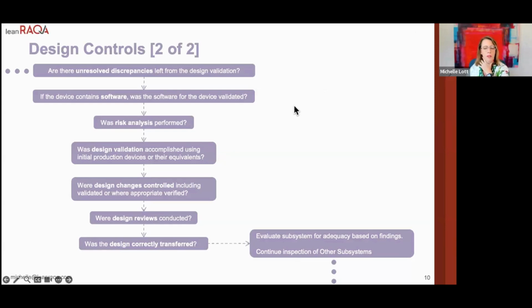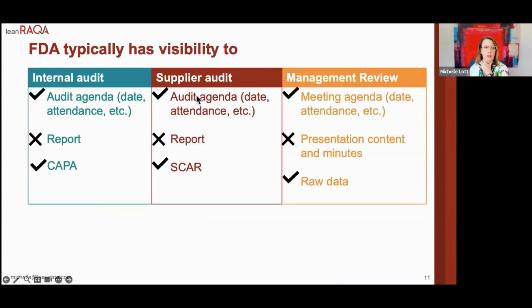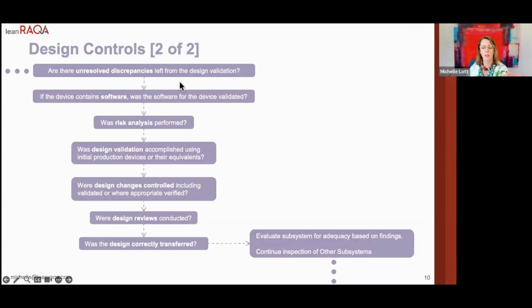So design controls, and it just keeps going. And so design controls is going to eventually point to other subsystems. And so the FDA, it's a very systematic inspection and audit approach. And so to me, this is the most valuable of all the types of audits, because it allows you to truly see the functionality of your quality management system and if it's truly being interconnected.